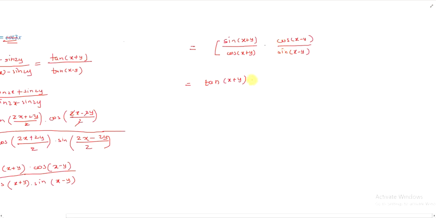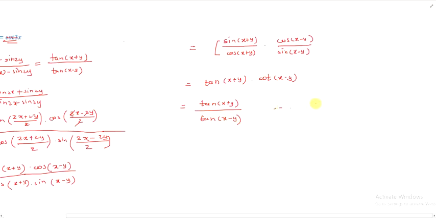You can take it in this way also, cot (x minus y), which means its reciprocal is nothing but tan. Theta remains as it is.